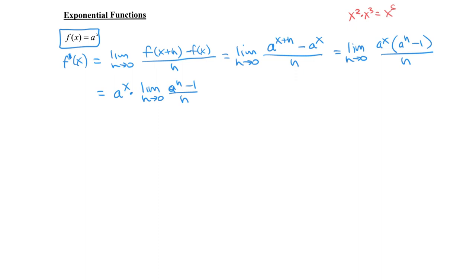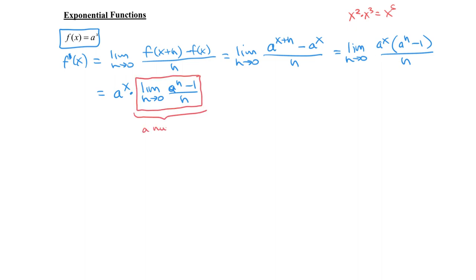But if this limit's going to exist, this is going to have to be equal to a number L, right? For this limit to exist, this thing is going to have to be a number L.